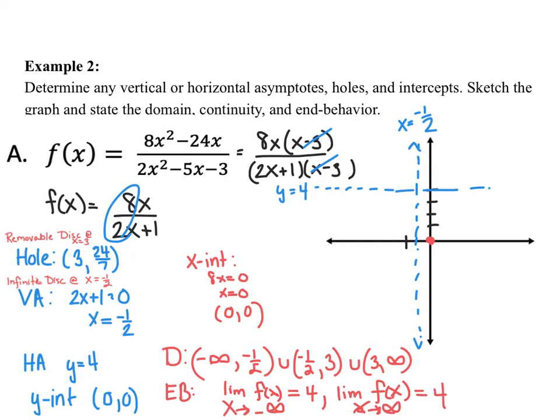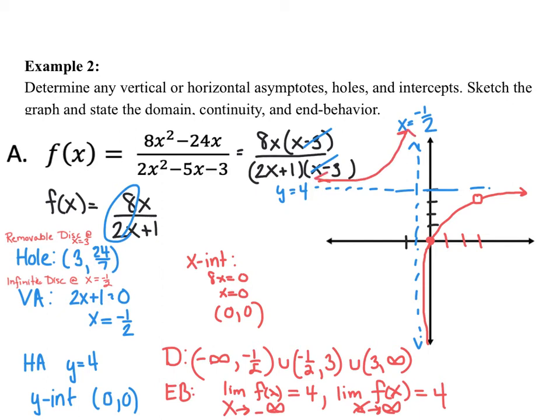Now, without even looking at my graphing calculator, I kind of know what's happening here. I know I have that hole at 3, 24/7, so it's going to do this, and then it's going to approach that horizontal asymptote, and then it's going to be up here like this.